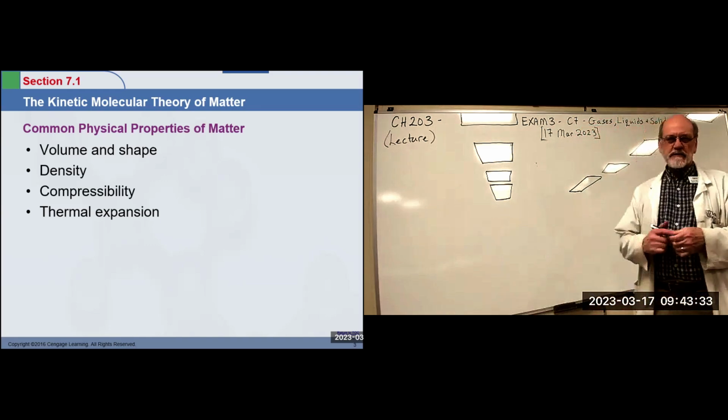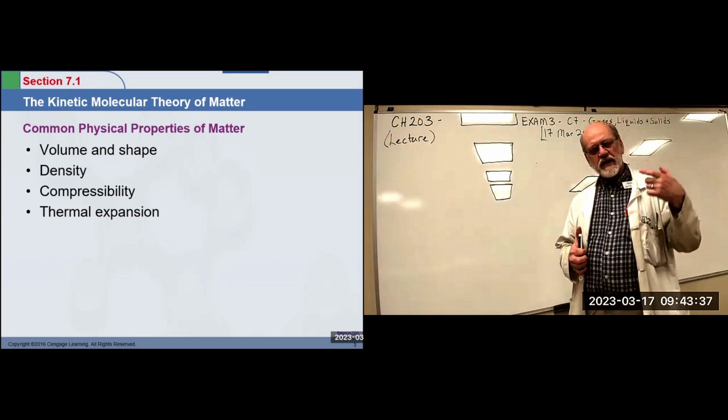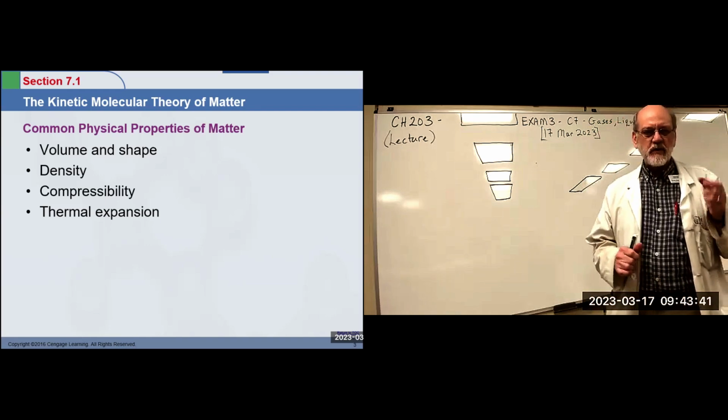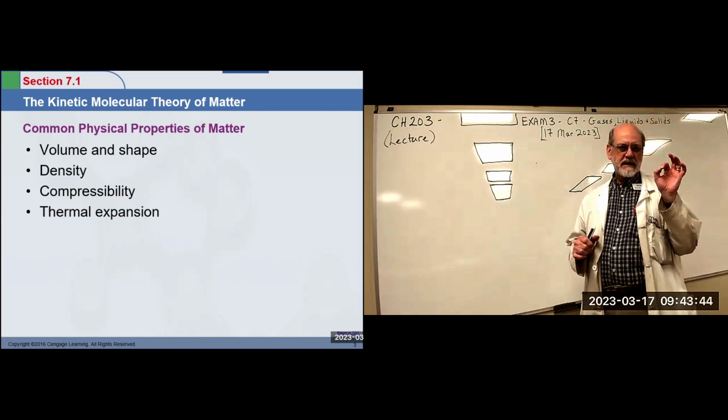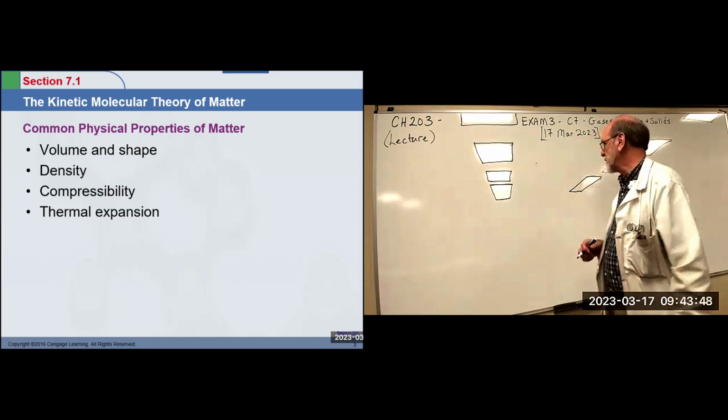A reminder about physical properties. When we discuss solids, liquids, and gases, we define them with these first two, volume and shape.